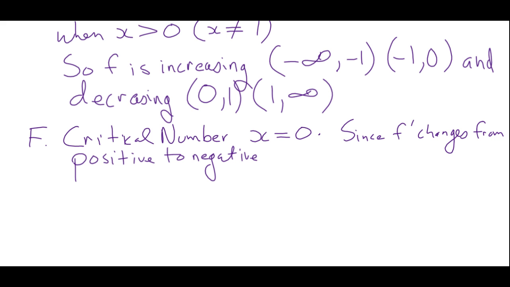So it changes from positive to negative at 0. So the first derivative test says you have a local maximum. F at 0 is a local maximum, by the first derivative test.